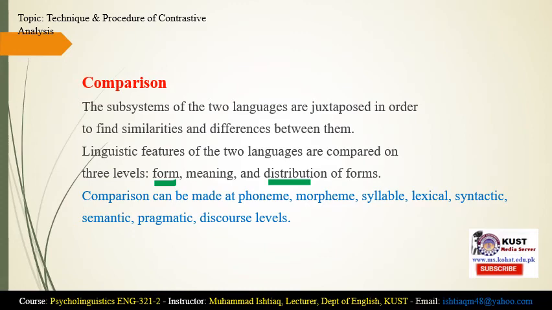Languages have got many differences, like in form, meaning, and distribution. The comparison can be made at phoneme, morpheme, syllable, lexical, syntactic, semantic, pragmatic, and discourse level. For instance, there are languages having fewer phonemes than others, languages having more consonants or fewer consonants, more vowels or fewer vowels. Similarly, based on morpheme, how many morphemes can be combined?